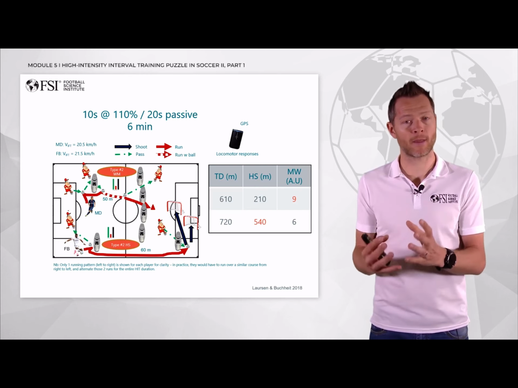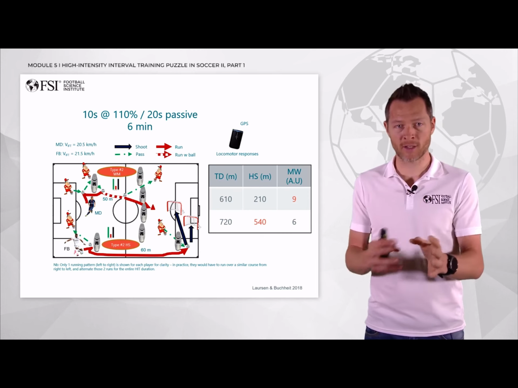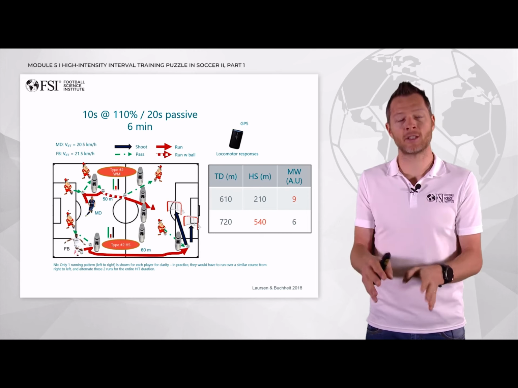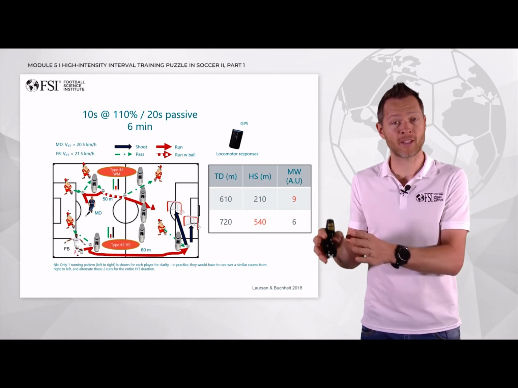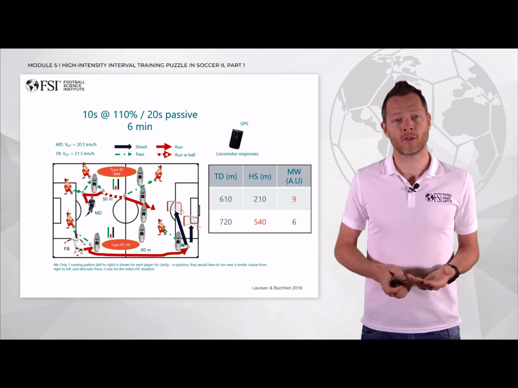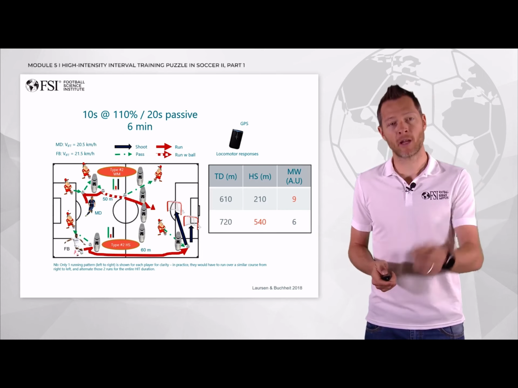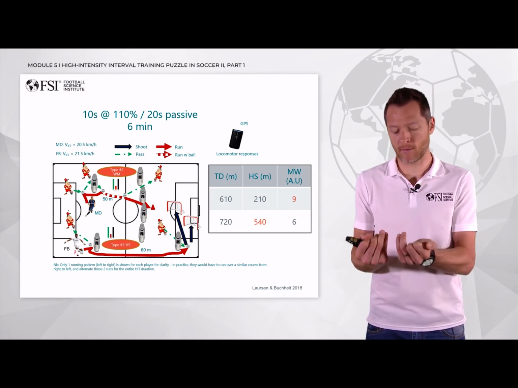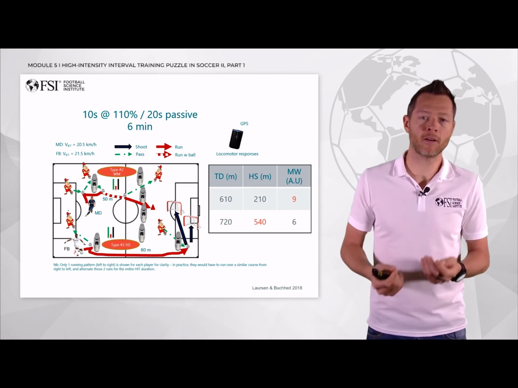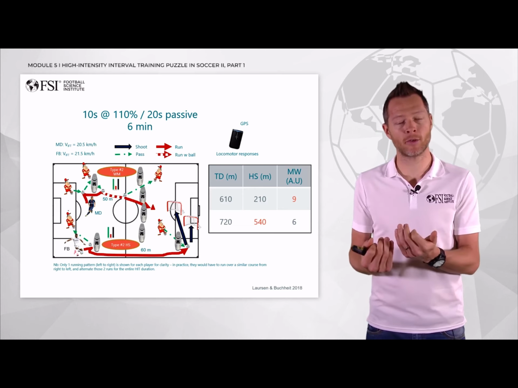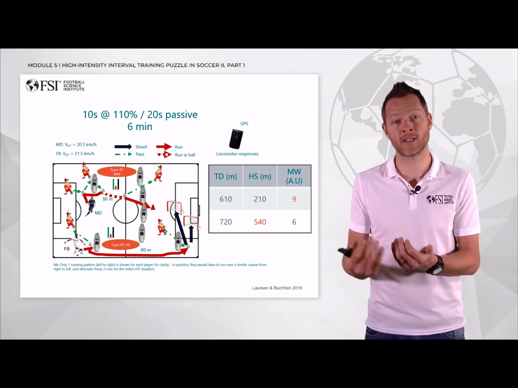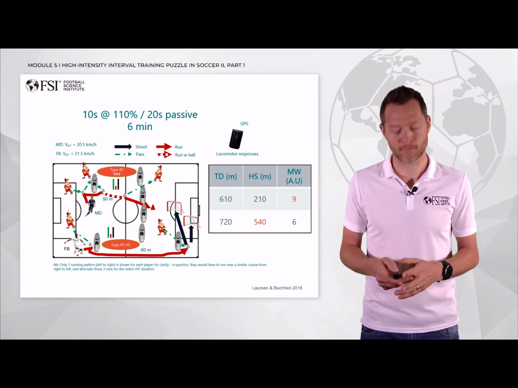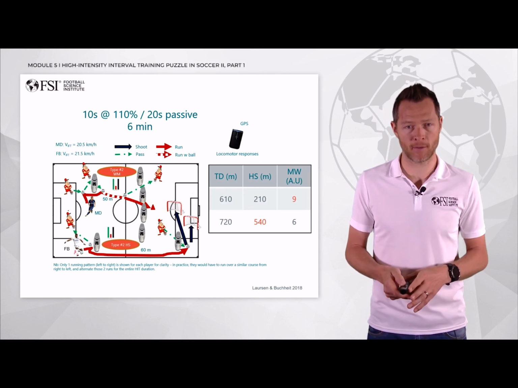Which is good, because those differences match the actual differences that we see during games. So implementing those kinds of drills, we are giving the players the load that is actually related to the playing demands.